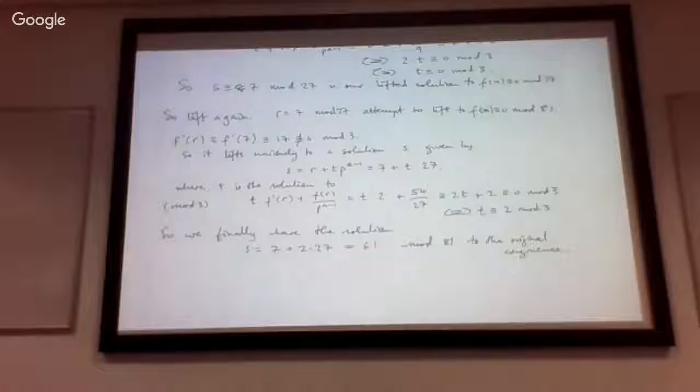So I made that example a 1, 2. How many times did we lift? 3 times we lifted. Was it 3 times or 4 times? 3 times. We lifted it to 9, to 27, to 81.